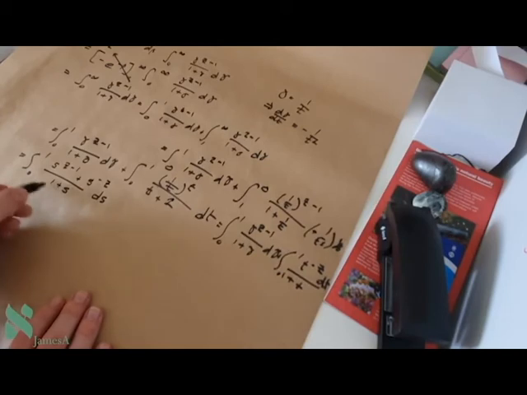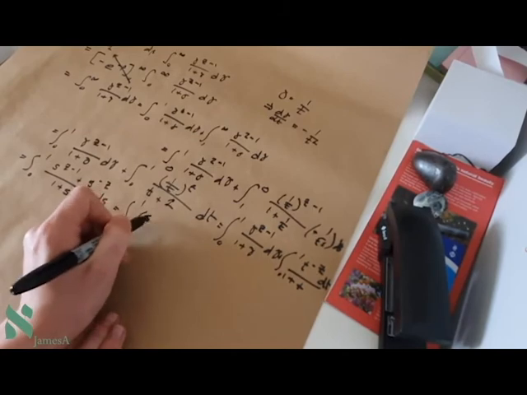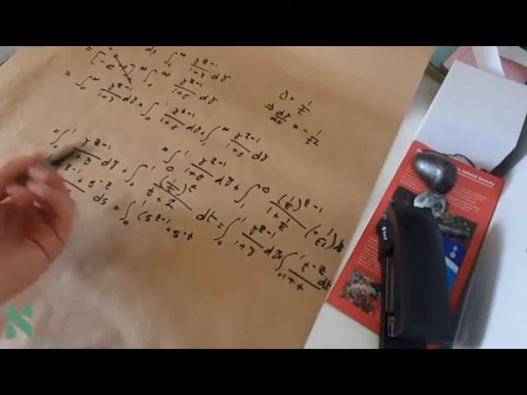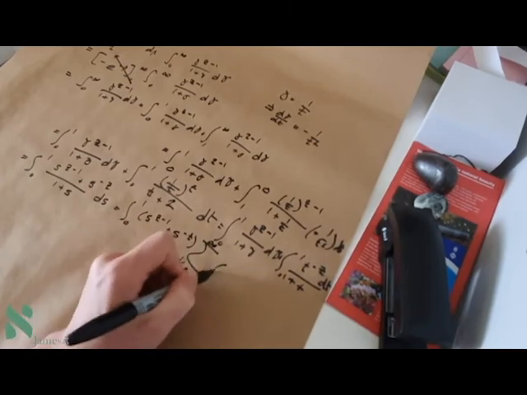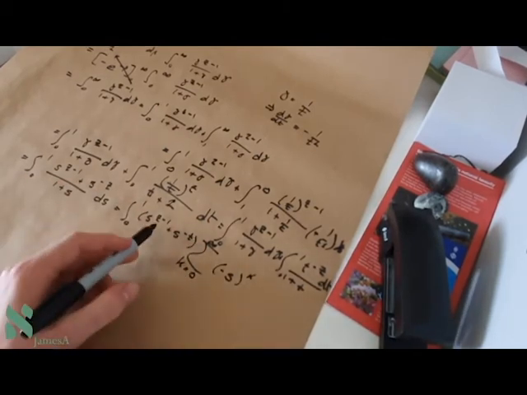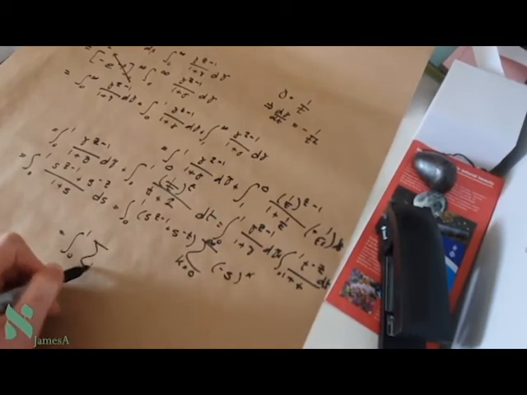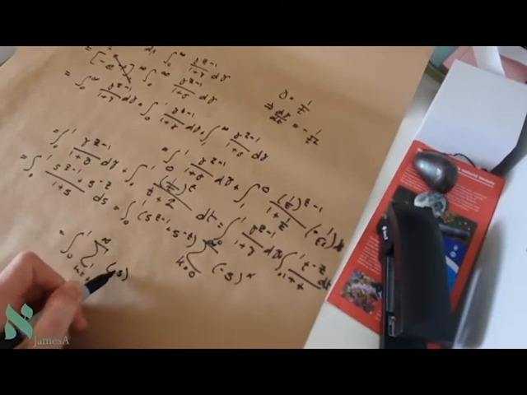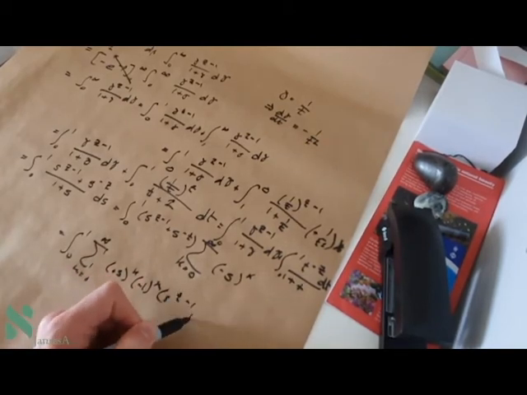But we know that 1 over 1 plus s is equal to the sum between k equals 1 and infinity, or even k equals 0, it doesn't matter, of negative s to the kth power. So then we can pull all this in there. So you end up with the integral from 0 to 1 of the summation from k equals 0 to infinity of negative s to the k, or you can put s to the k times negative 1 to the k, of s to the z minus 1 plus s to the negative z.